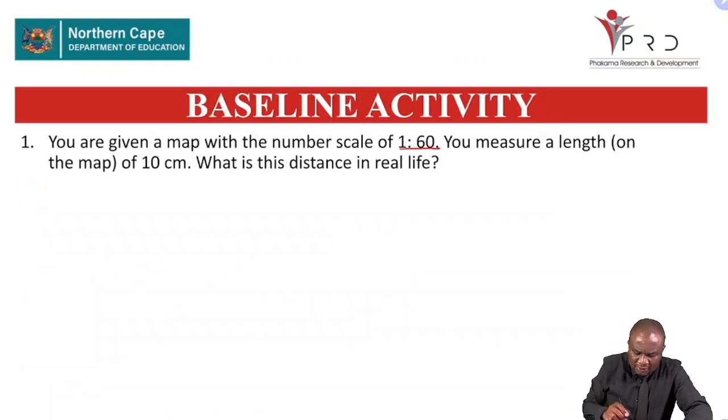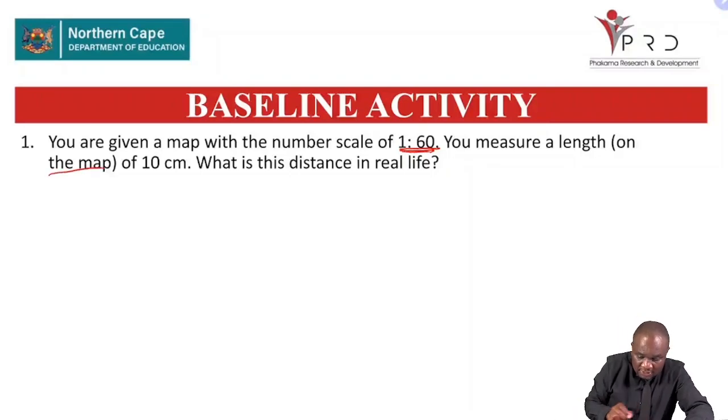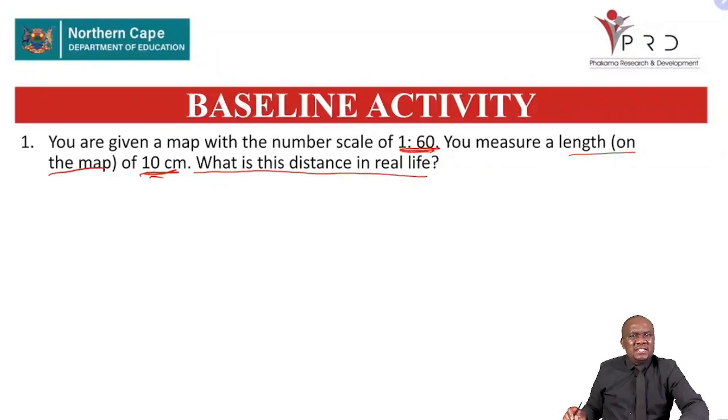So you are given a map with a number scale of 1:60. You measure a length on the map. Now this is the length on the map of 10 centimeters. What is the distance in real life? Remember the structure of the number scale.